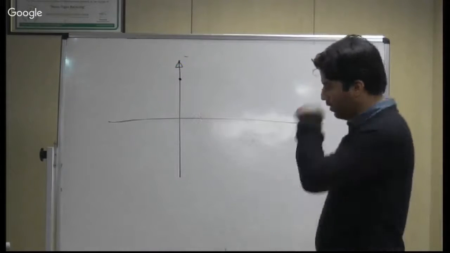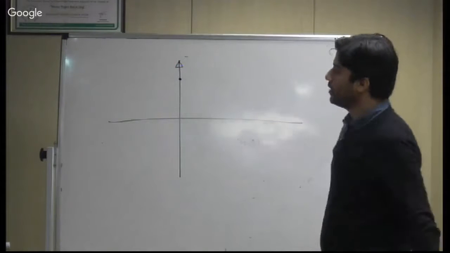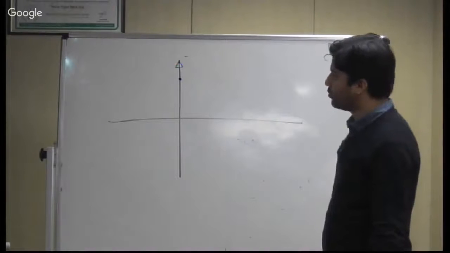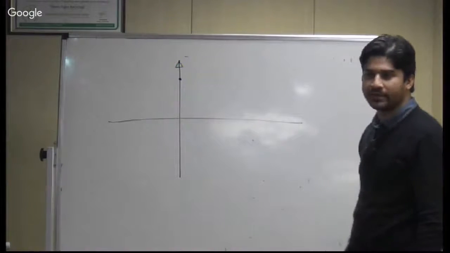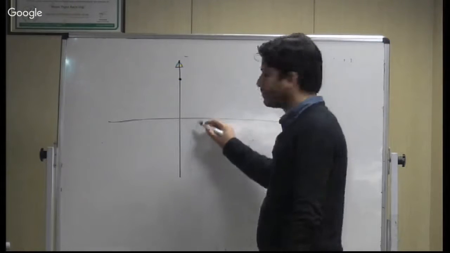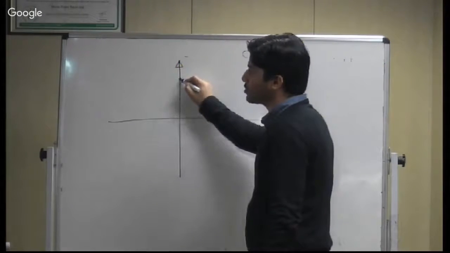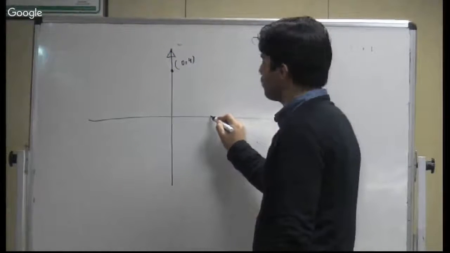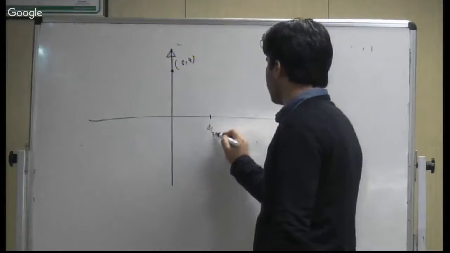And if I put y as 0, x would turn out to be 4 by 3. So this was (0, 4), and this is (4 by 3, 0), right?